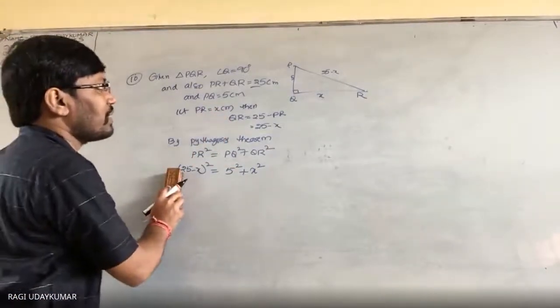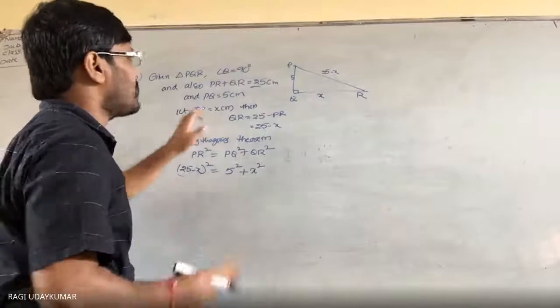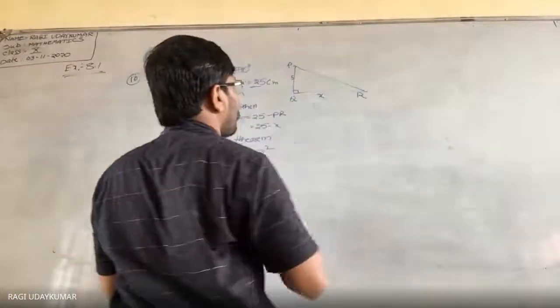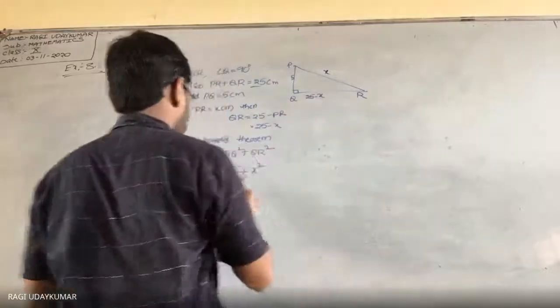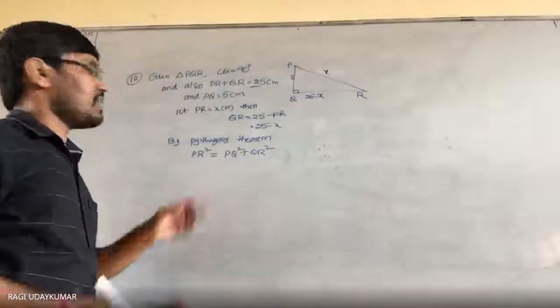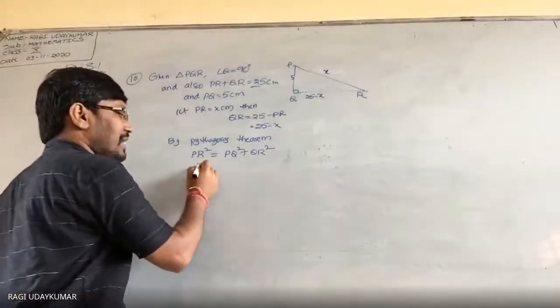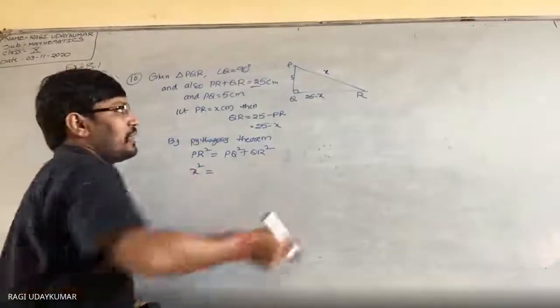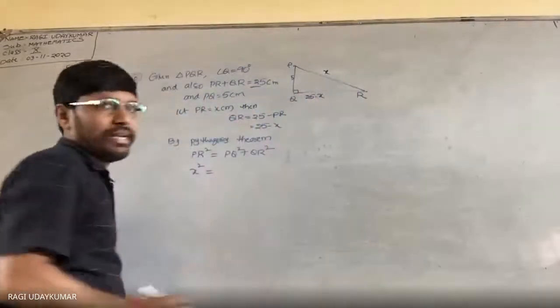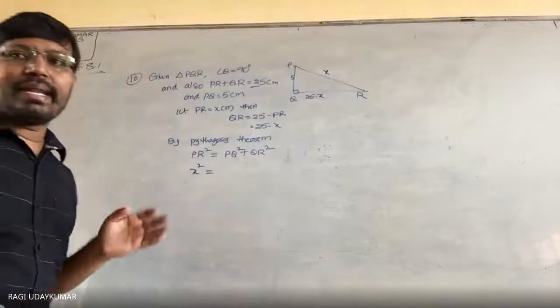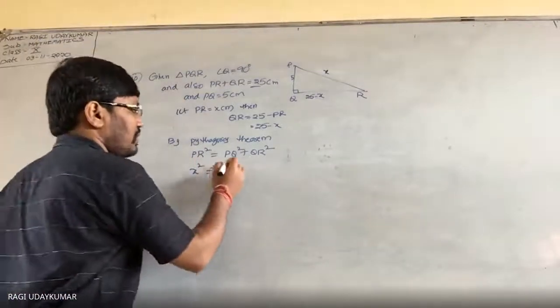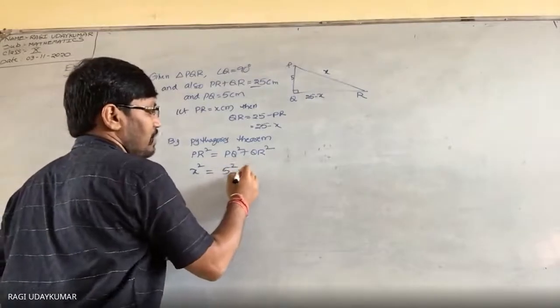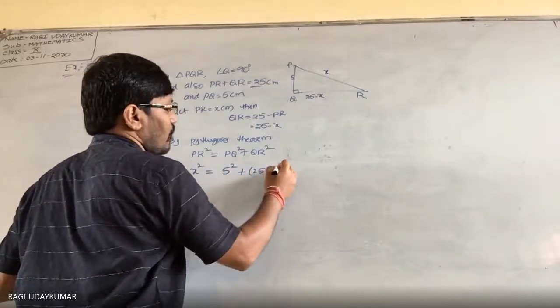You can consider either one as x. As I have written here, PR equal to x. Then I am proceeding like this. So this is equal to 5 square plus 25 minus x whole.